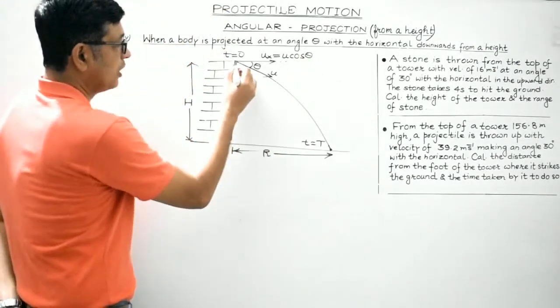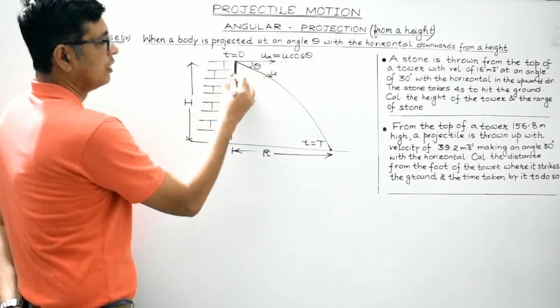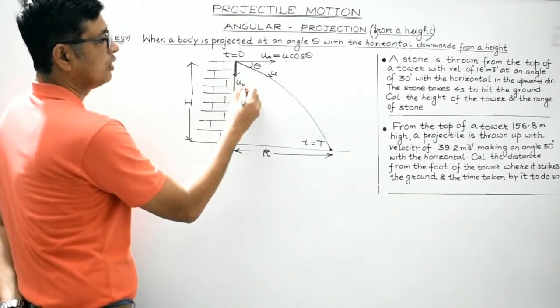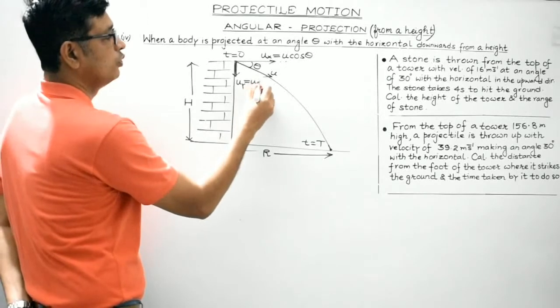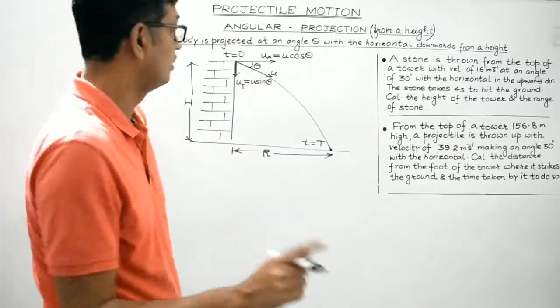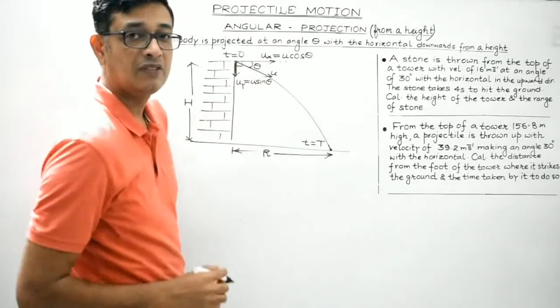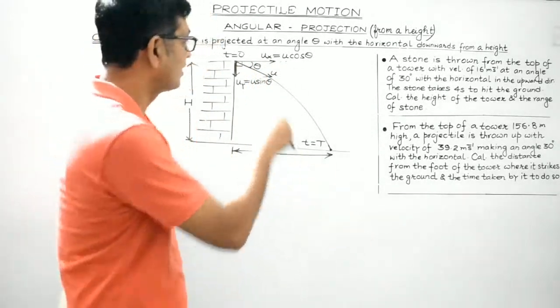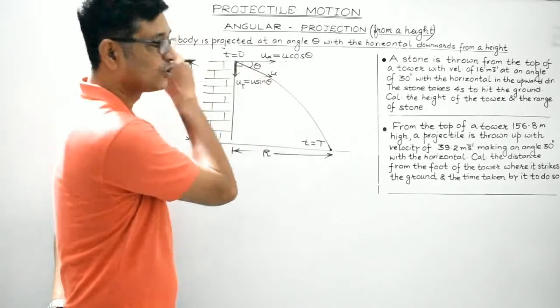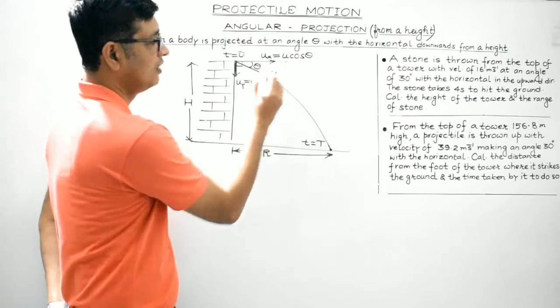Now the other component, which will be in the vertically downward direction, is the initial vertical component of velocity. It will be equal to u sin theta. Now students, look, these are the two adjacent sides of a parallelogram, and its resultant is given by the diagonal of the parallelogram passing through the same point. So u is the resultant of ux and uy, right?